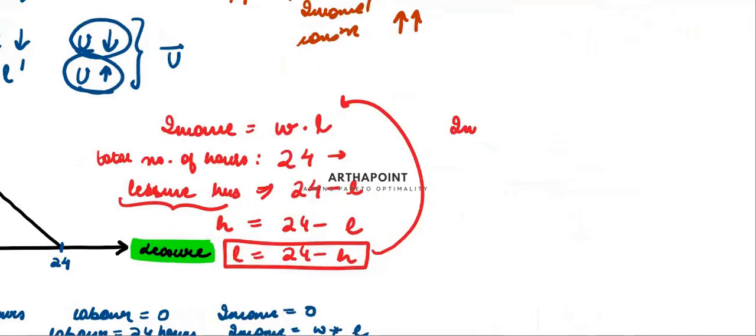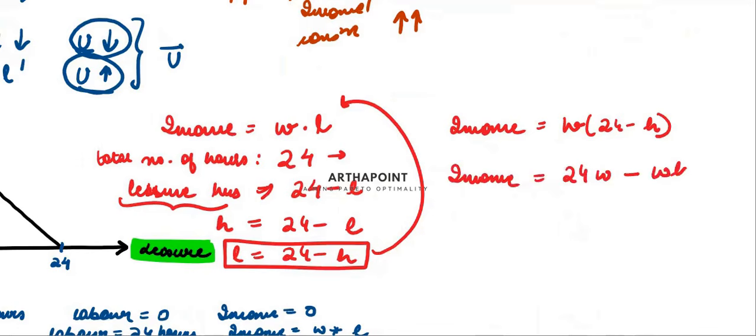So I will get income is equal to W into (24 minus H). So what will I get? I will get income is equal to 24 into W minus W into H. Income plus W into H is equal to 24 into W.